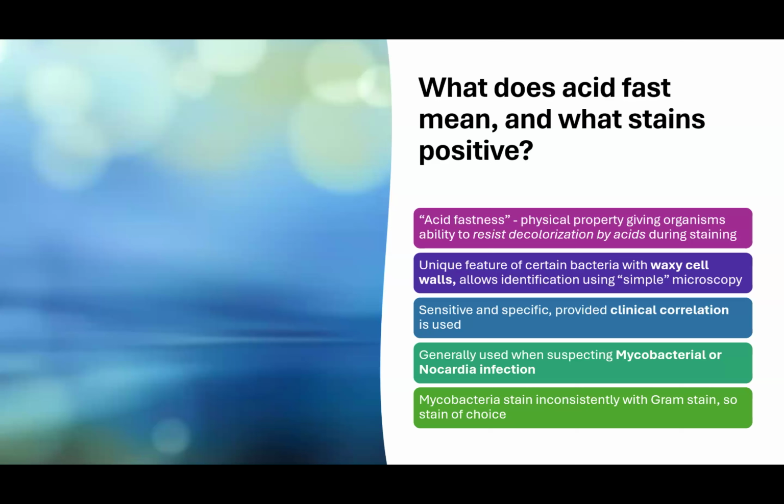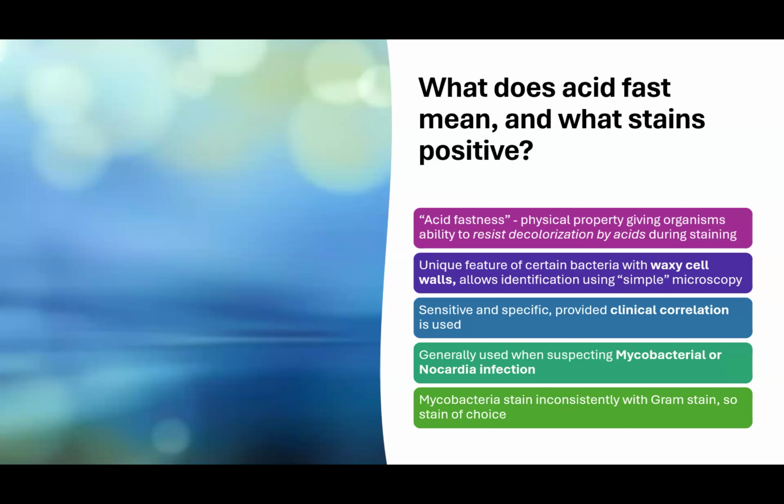And then it allows identification using, I'm saying simple in inverted commas, microscopy, because I don't actually think the whole process is that easy to just look under a microscope and see it. I think you do need some skill and experience. It is quite sensitive and specific, but really it's all to do with the clinical correlation together with your findings.